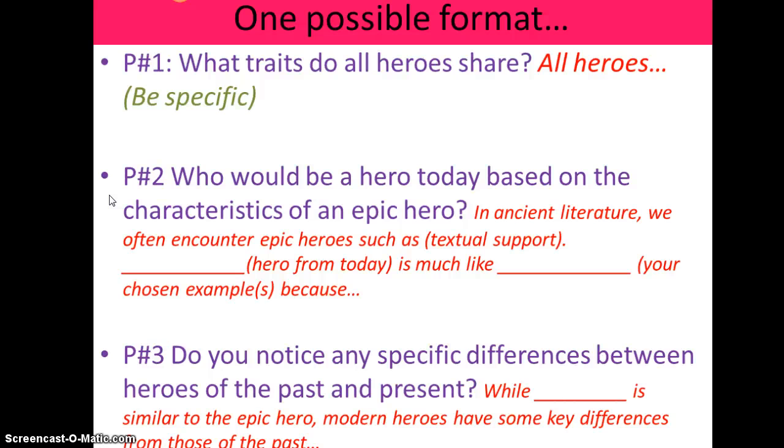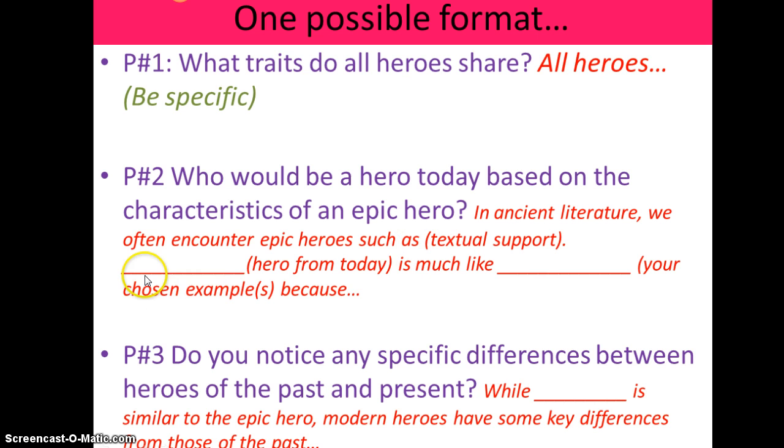Now, this is a very different piece, and so I want my paragraphs to flow nicely and to transition to one another. So notice that I have what we call a transitional sentence or a transitional statement. In ancient literature, we often encounter epic heroes such as Beowulf, Hector, Achilles.